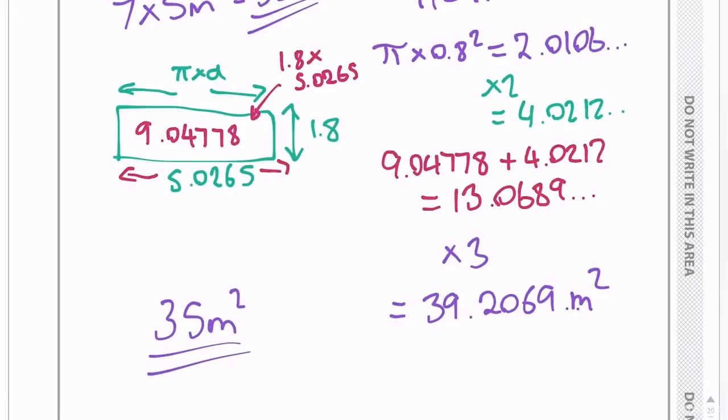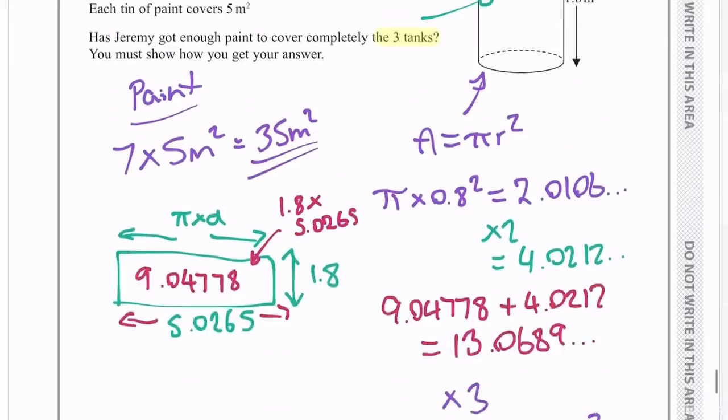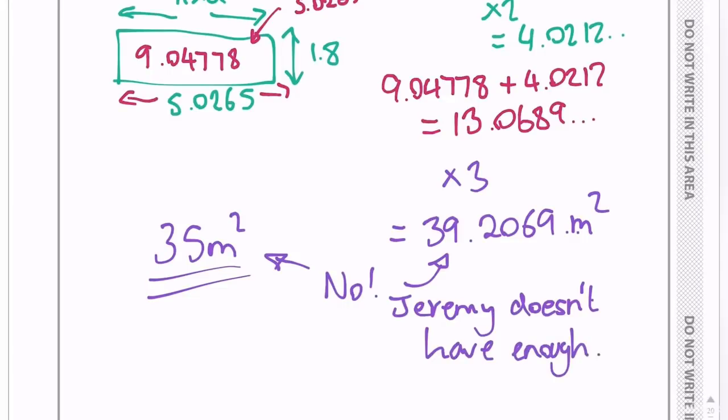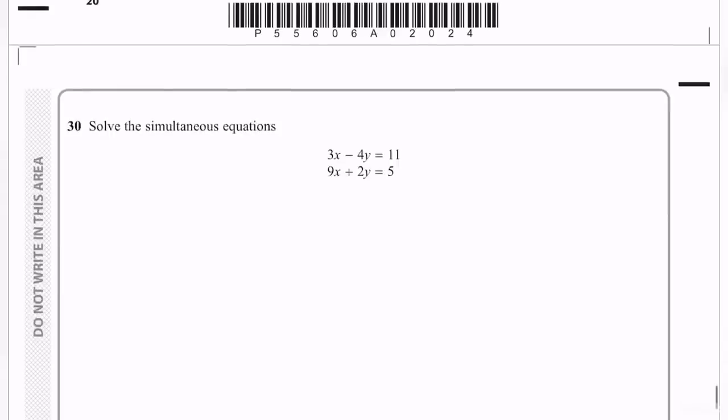So he has to cover 39 and he only has 35, so no, Jeremy doesn't have enough. There you go, backed up by working out the numbers there.